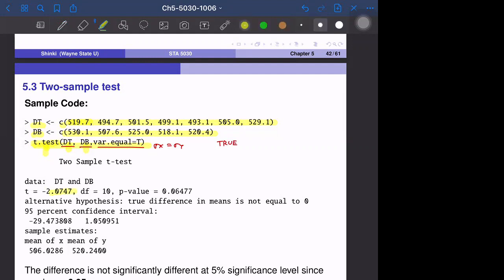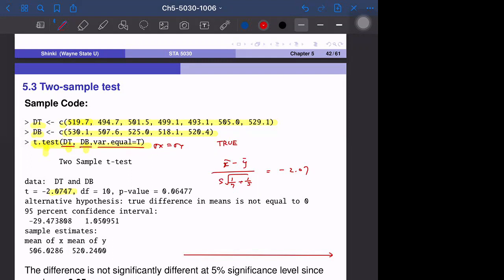So we calculate x bar, y bar, then take the difference, and S times the square root of 1 over 7 plus 1 over 5, since we have 7 schools and 5 schools. You calculate S, and this becomes negative 2.07. If you remember the normal distribution, the 95% rule is plus or minus 1.96.